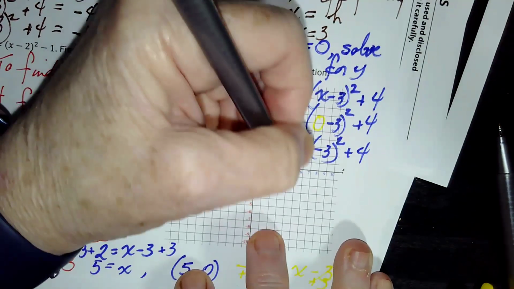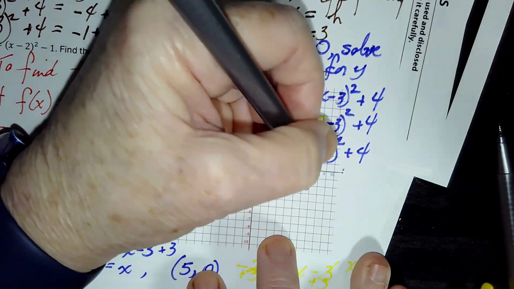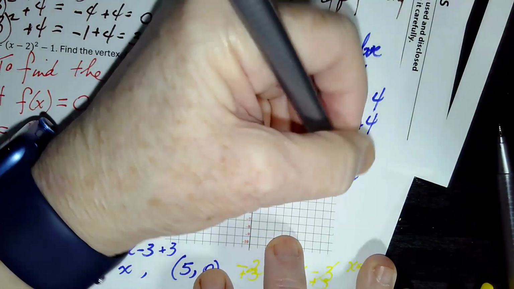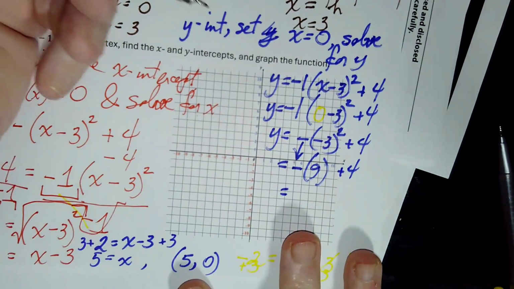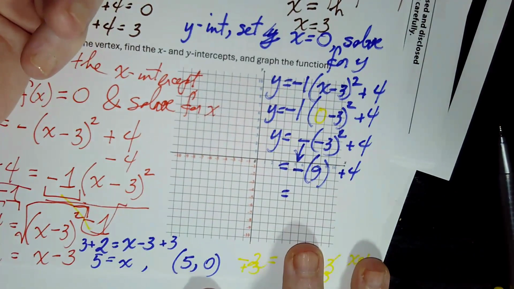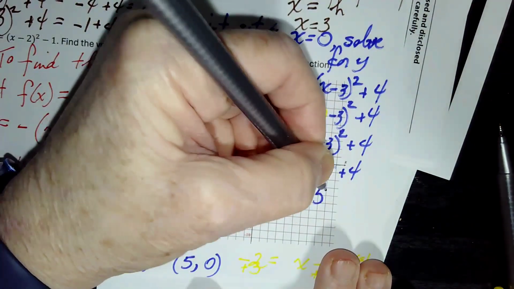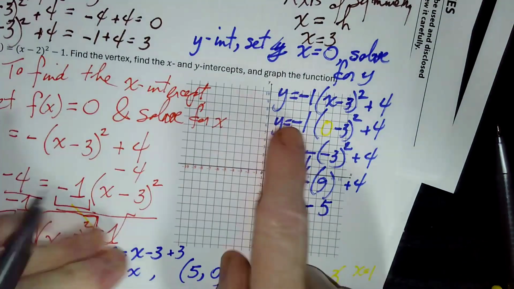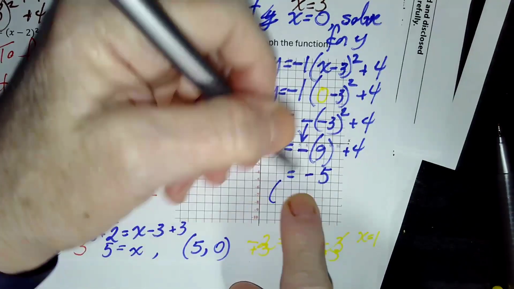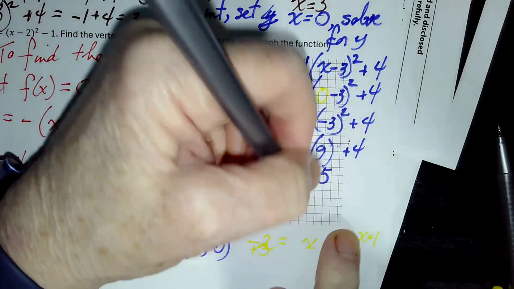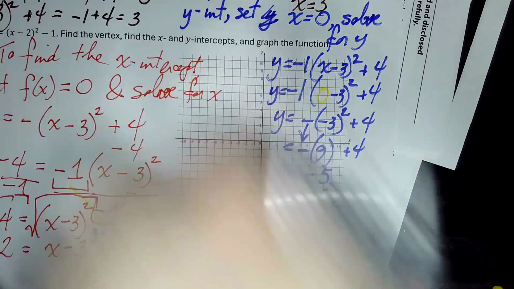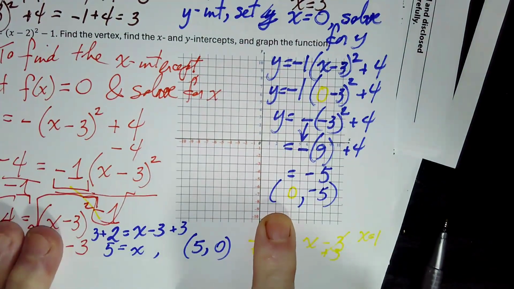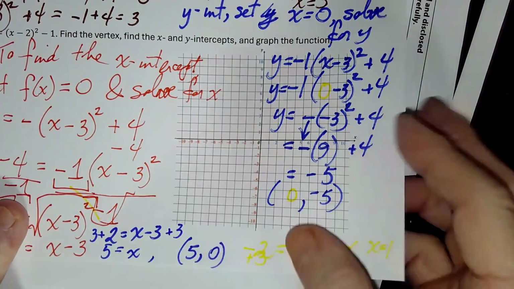And this negative will come down. And we'll have negative 9 plus 4, which is negative 5. So the point is going to be, we said y was negative 5, x was 0. So the y-intercept is 0 comma negative 5.